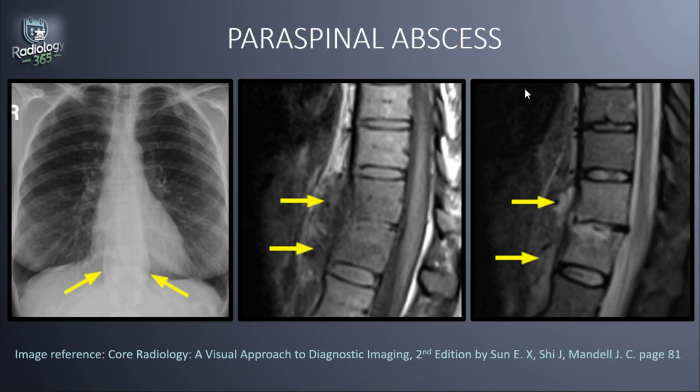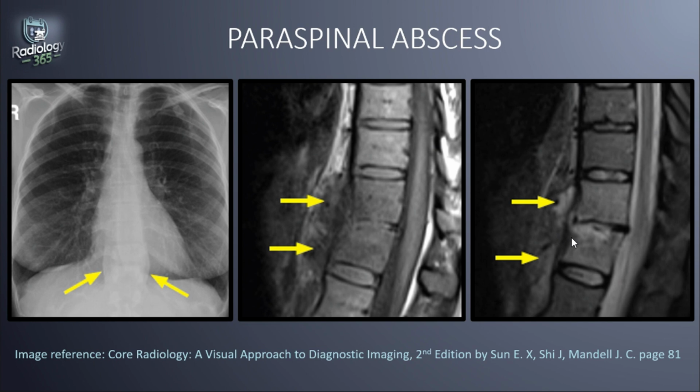Now, a clue to vertebral body pathology on radiography may be a paraspinal line displacement. So in this radiograph, you can see displacement of the bilateral paraspinal lines here and here. And the sagittal T1 and T2 weighted MRIs show loss of disc space height and marrow edema, as you can see here.